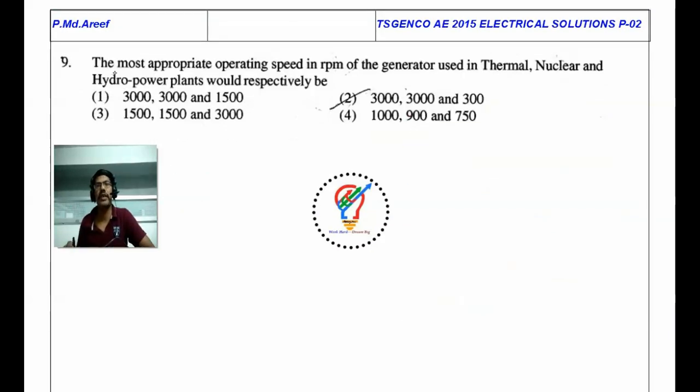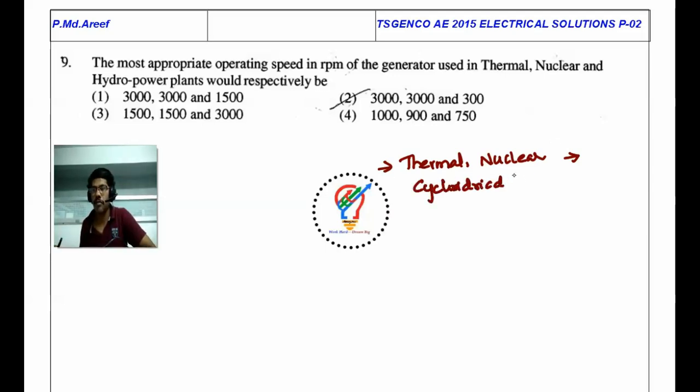The next question is: the most appropriate operating speed in RPM of the generator used in thermal, nuclear and hydro power plants respectively. In thermal and nuclear power plants, we use cylindrical rotor, which will have a smaller number of poles, minimum 2 to 4.